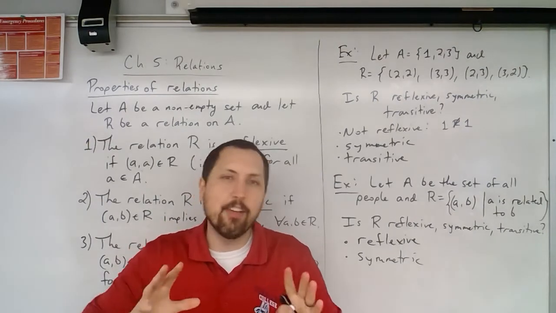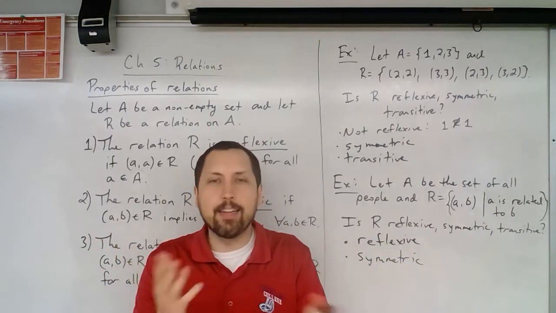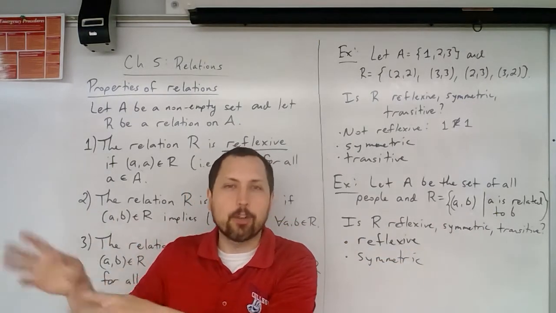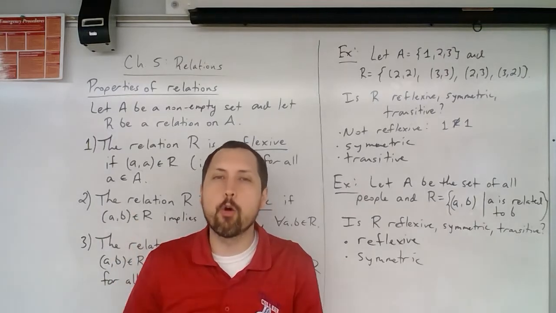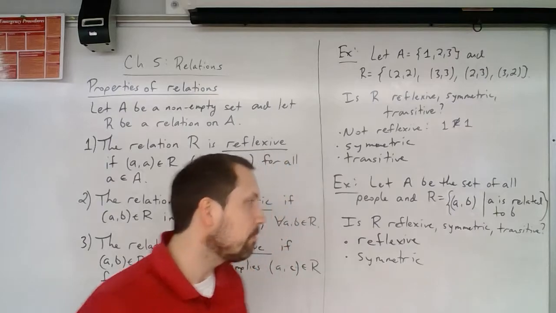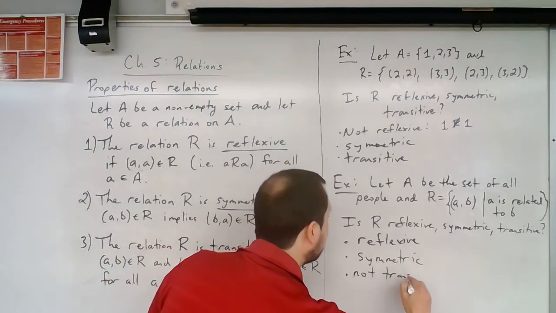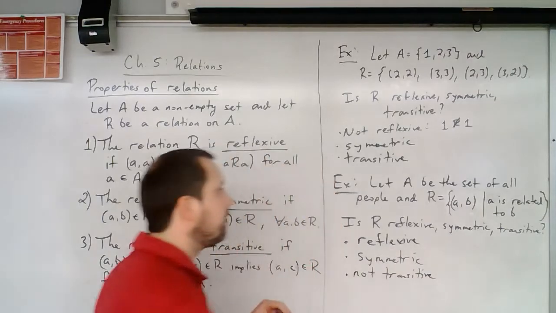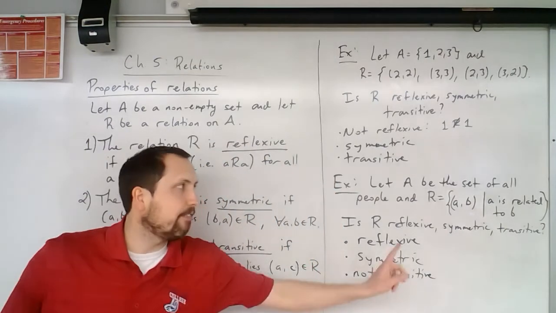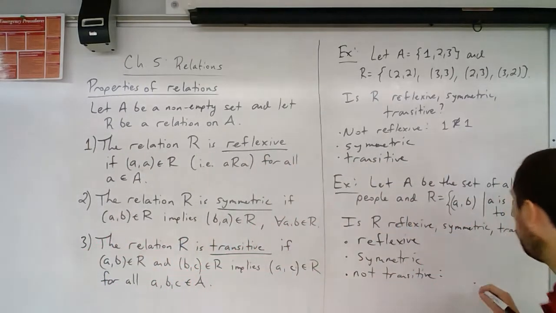Obviously, we could get very big picture and say technically we're all related because we all share some DNA with each other. That's fine, but I just mean the normal idea of related in the way that we think about it. So this is going to be not transitive, because it has to be true for every possible situation.